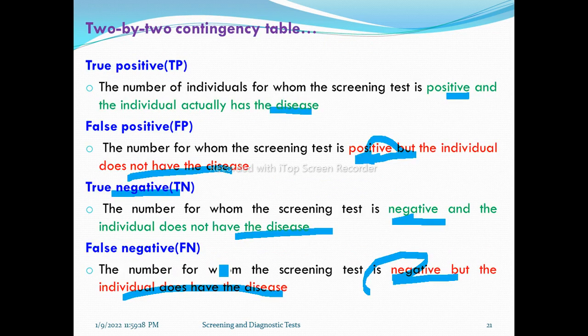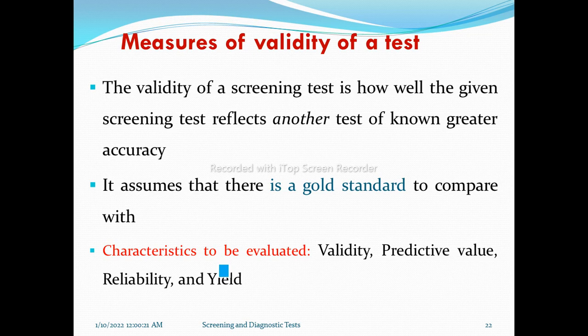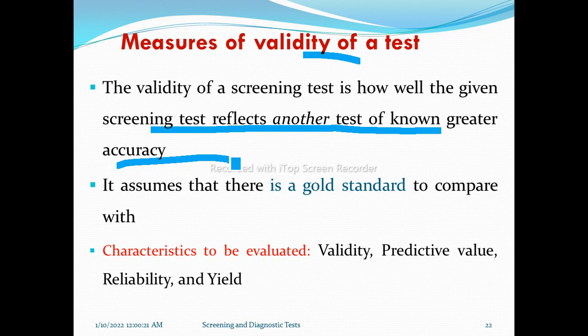So, measures of validity of a test. The validity of a screening test is how well the given screening test reflects another test of known greater accuracy. It assumes that there is a gold standard to compare with.